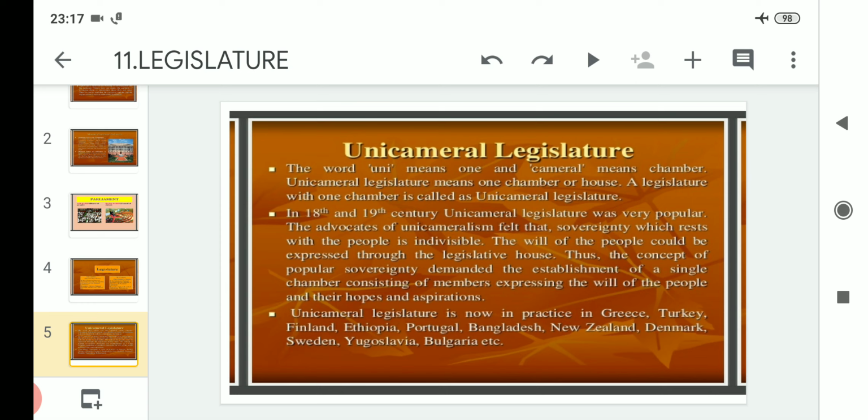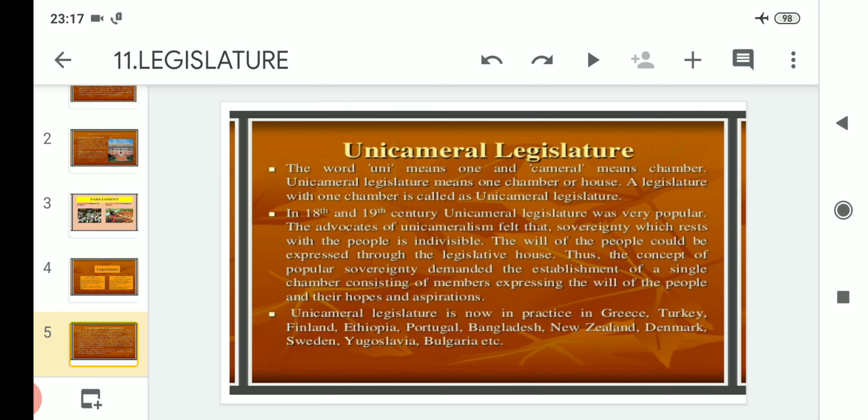Clear? Why was it very popular? Because people believed that through unicameral legislature only, through one chamber of the house only, the people's wills or wishes could be forwarded by the ministers who will go to those houses and hold meetings, and under these meetings they can come across the difficulties or the problems that people are facing.